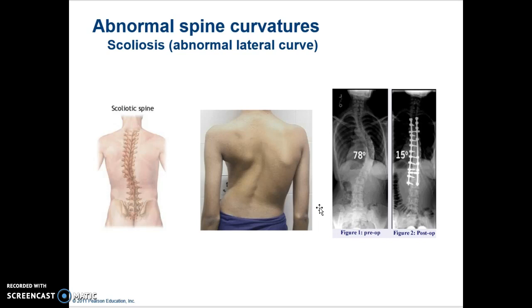You just need to know their definitions. Scoliosis, as this says right here, is any abnormal lateral curvature, or really any lateral curvature. Your vertebral column is supposed to go straight up and down when viewed from the back like this, so any deviation from the midline is scoliosis.